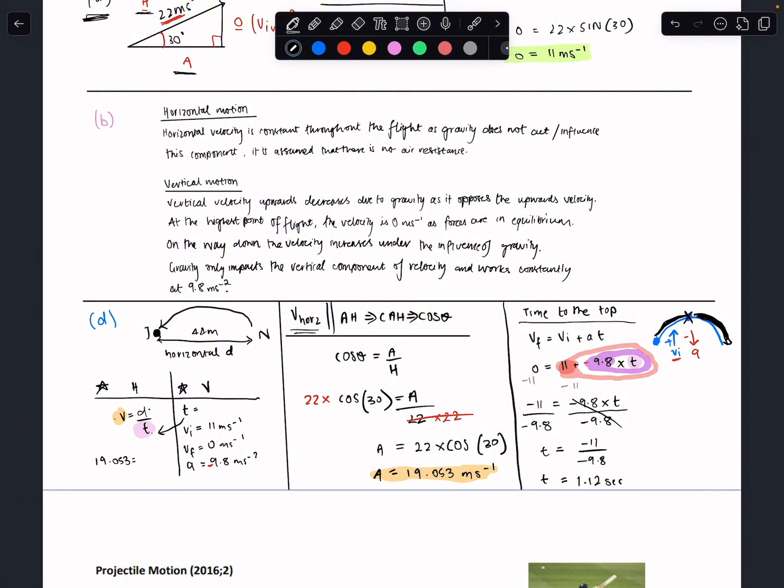So total time is going to be 1.12 times 2, which is going to be 2.24 seconds. Okay, so this is the total time. Let me just highlight that.